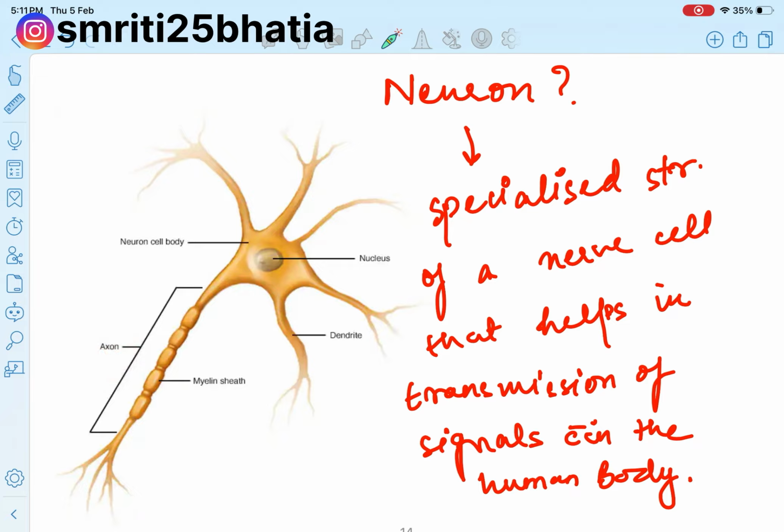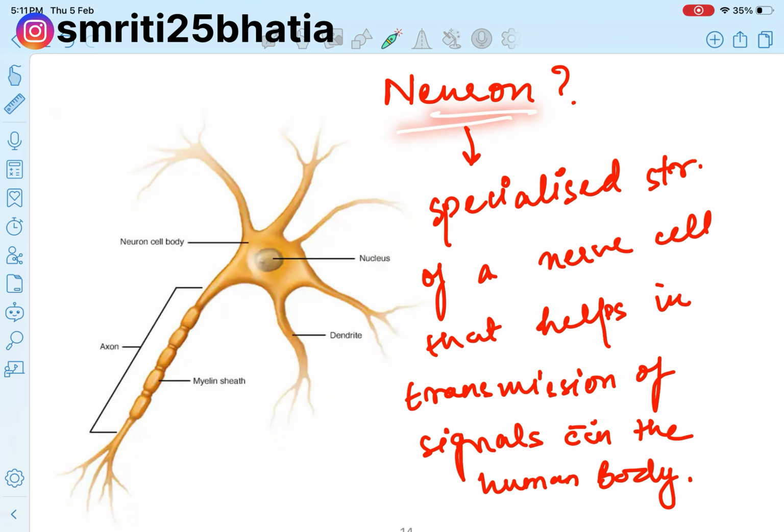It is a thin, elongated band that helps in the transmission of signals from one point to another, throughout the neuron, within the nerve.